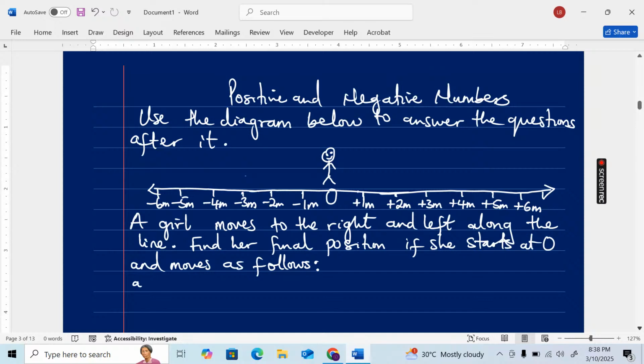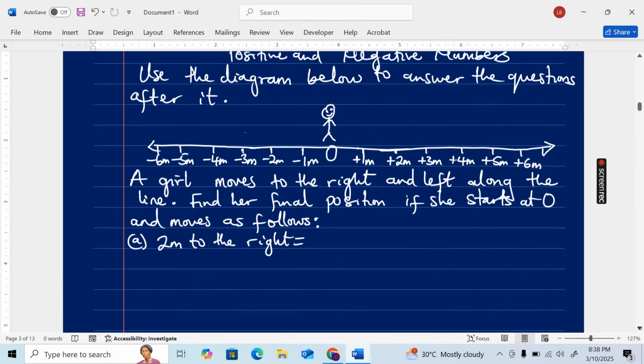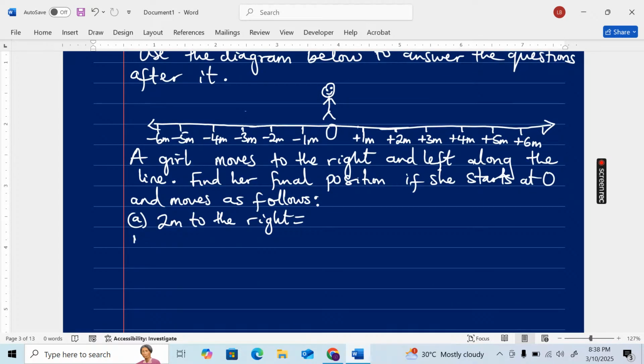The first one is 2 meters to the right. We're going to write out her final position, moving 2 meters to the right. The next one, 5 meters to the left.